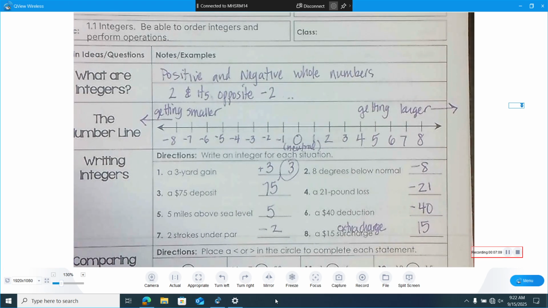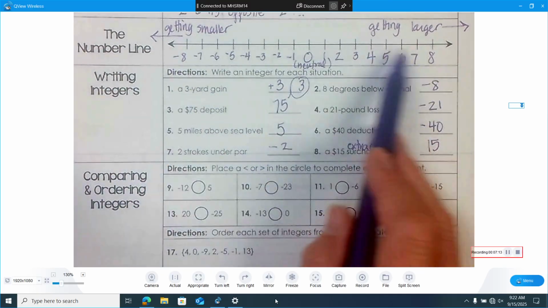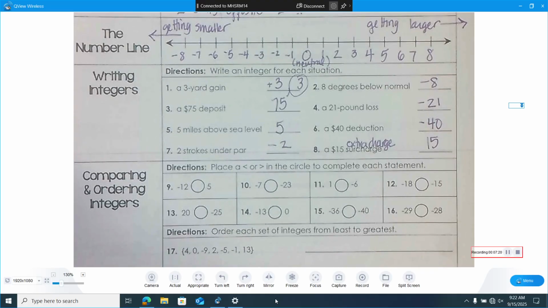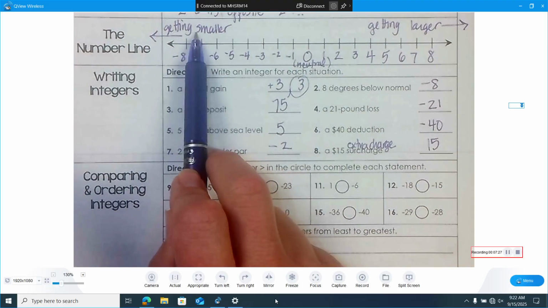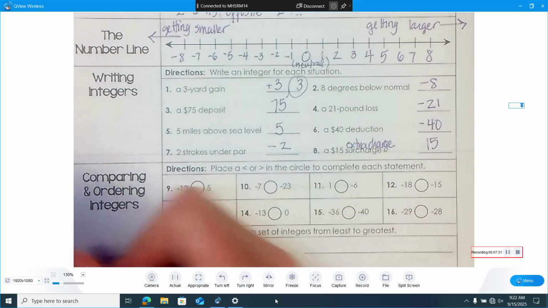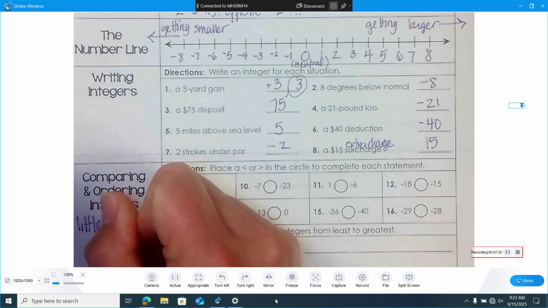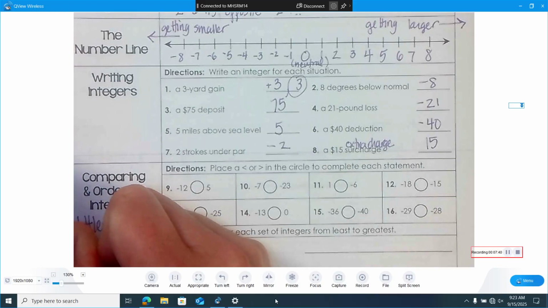Okay, so we want to be able to compare integers, and thinking about our number line is going to help us compare them. For me, I really like to think about which one is further to the left.